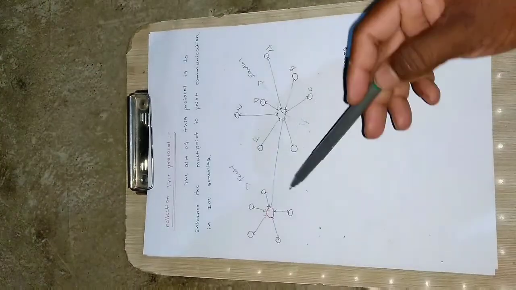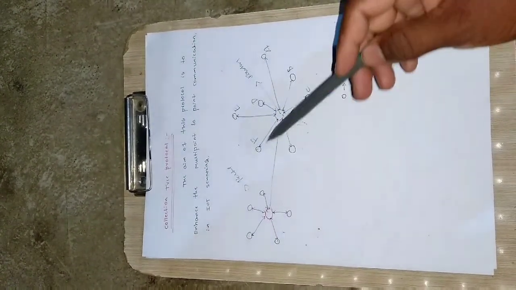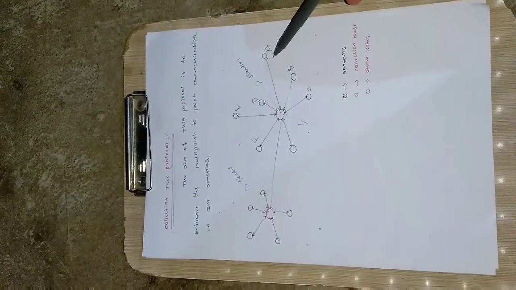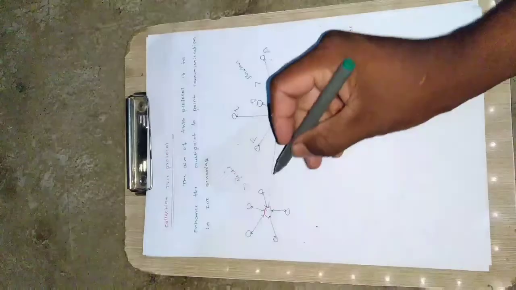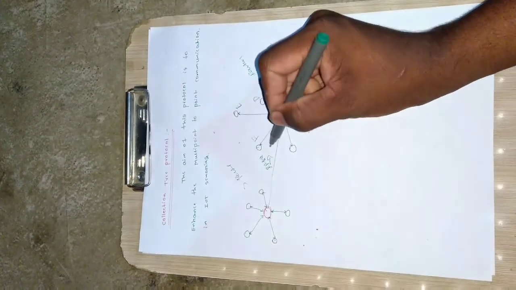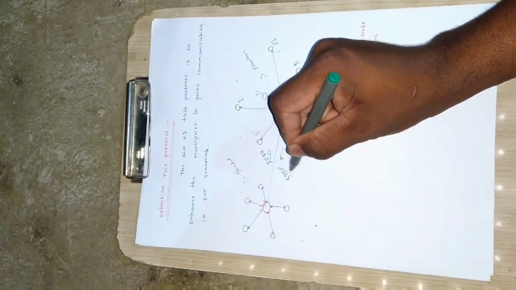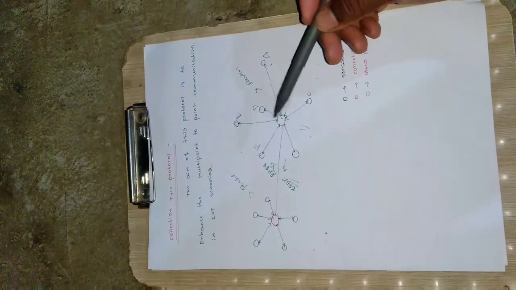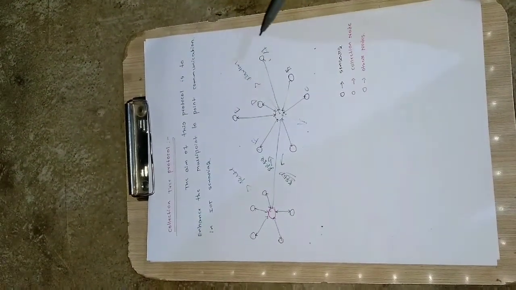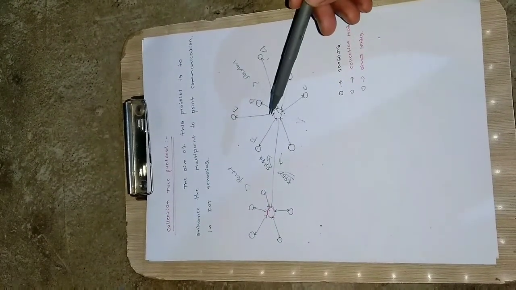Whenever this routing node sends a message to this routing node saying that I want to communicate with A, it will be sending the request, and in response it will directly say, I have the address of A, you can send the message to me, then I will forward it to A. So that is basically how this collection tree protocol works.